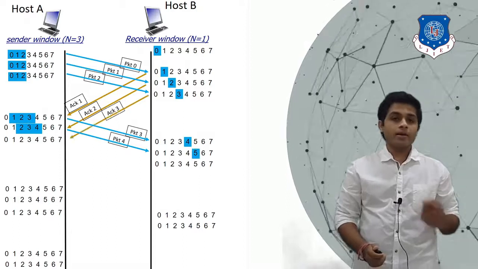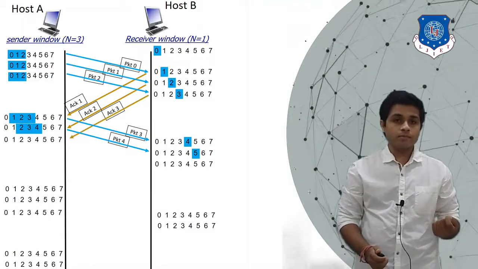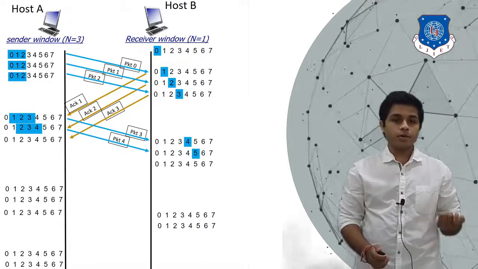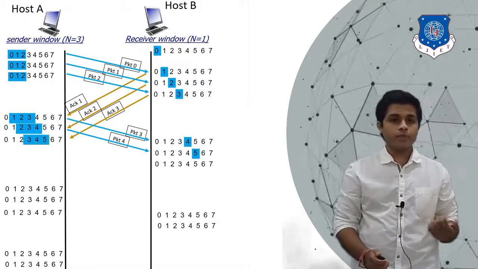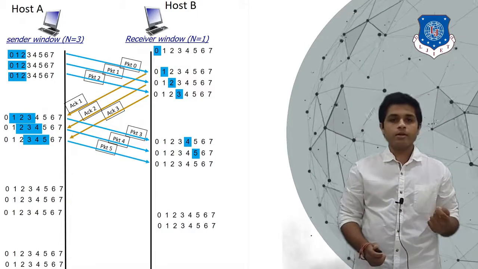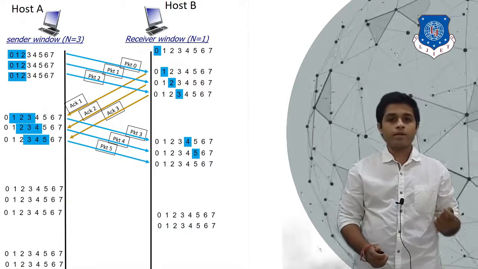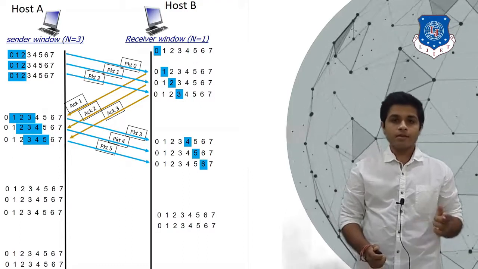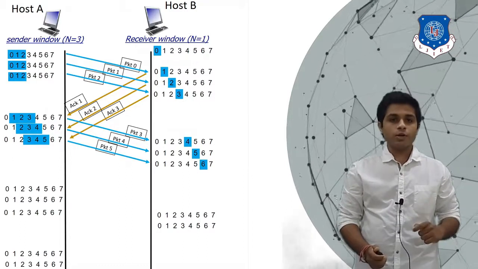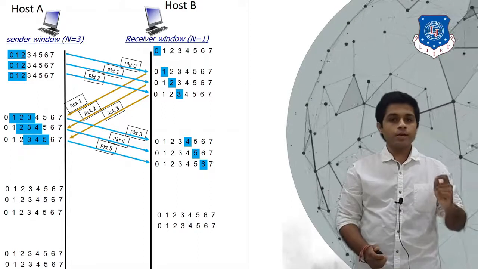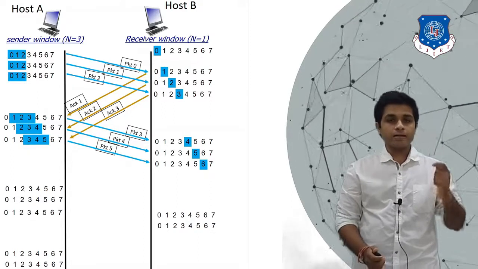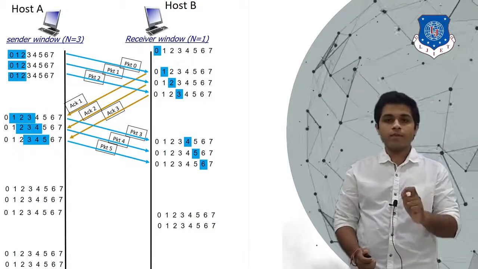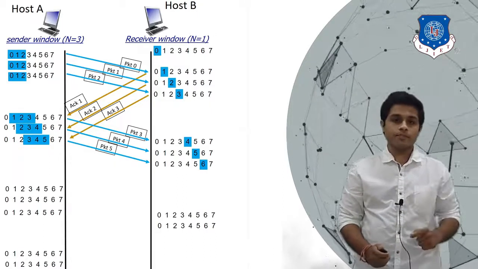And A will receive the acknowledgement 3 for the packet 2. So when it receives the acknowledgement 3, it knows that packet 2 is delivered successfully. So A will send the next packet, which is packet 5, and window at the receiver side will slide to 6. Now let's see the current position of A's window, which is 3, 4 and 5. So packets 3, 4 and 5 are in transmission currently. We have not received any acknowledgement and we are expecting packet 6 at the receiver side.